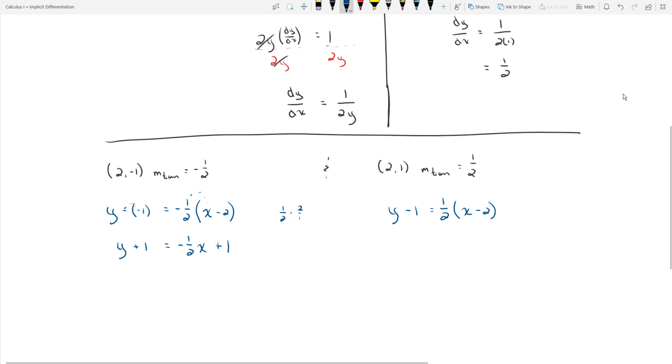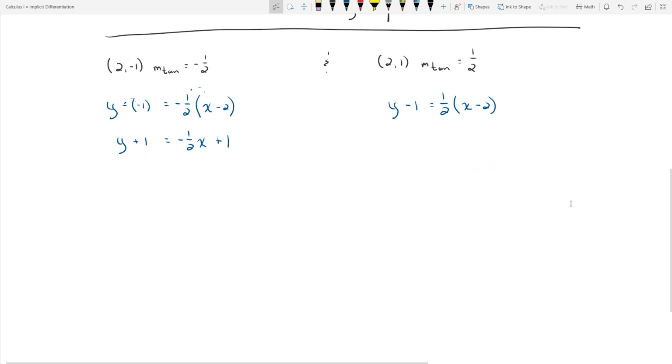So we have just 1. And then we're going to subtract 1 from both sides. So we'll subtract 1. And for the first point, we find that the equation for the slope of the curve at point (2, -1) is going to be equal to -1/2 x.